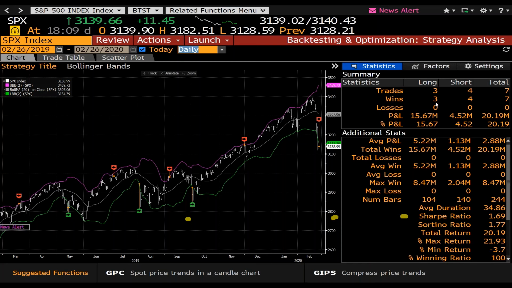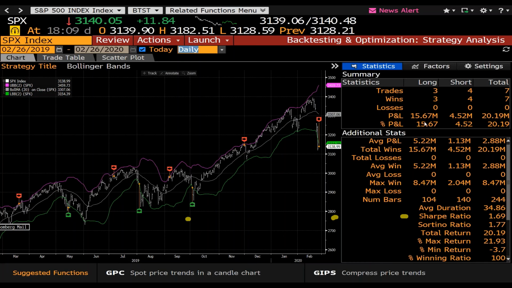All of them were winning trades, and all the long trades are shown by these green arrows. And on the short side, we made 4 short trades. So here we are, 1, 2, 3, and 4. This is just the exit as of today, just showing you that. And all of them, as you can see, are profitable.